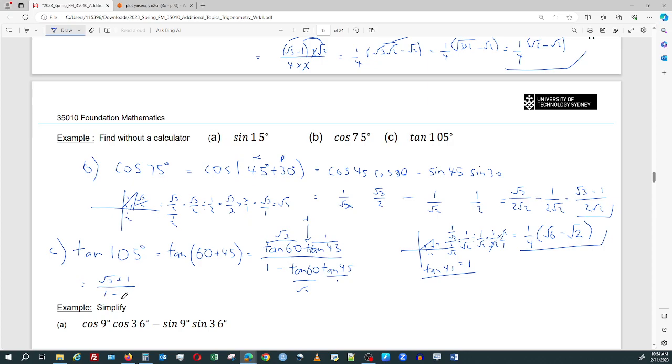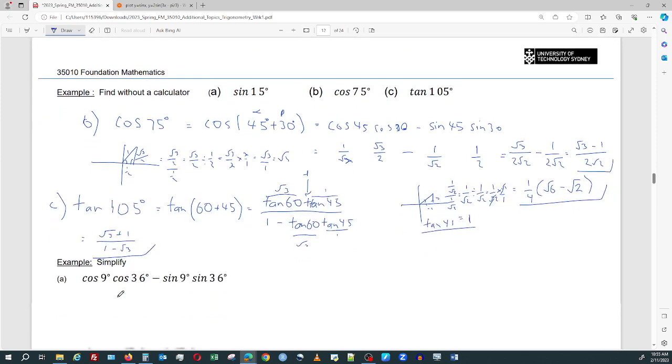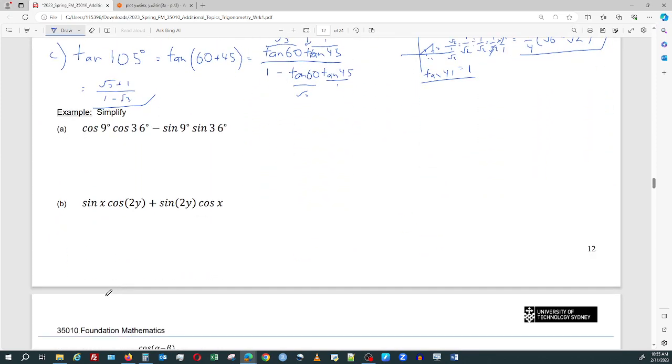Wow. So that's your final answer. Exact values tree. How are you going with it? Alright, let's go and we'll do the next one on the next video. I'll be back soon.